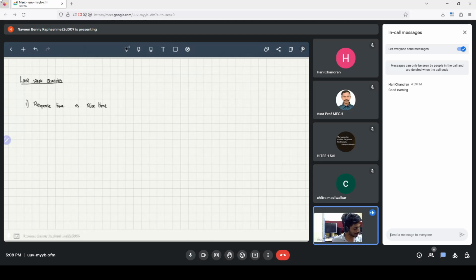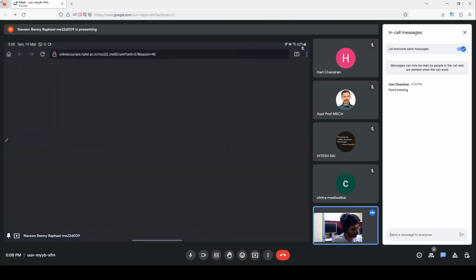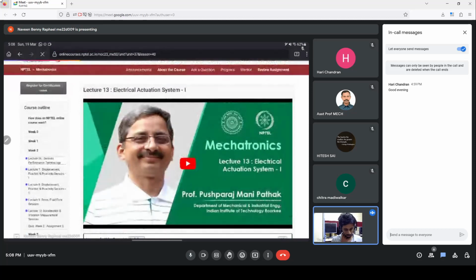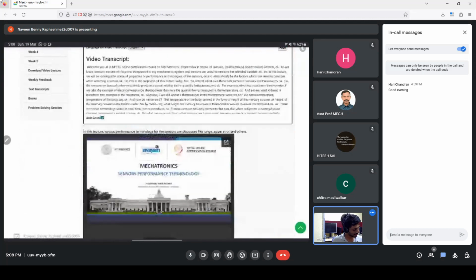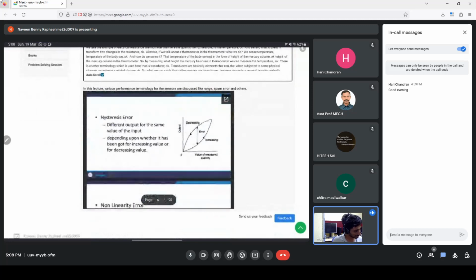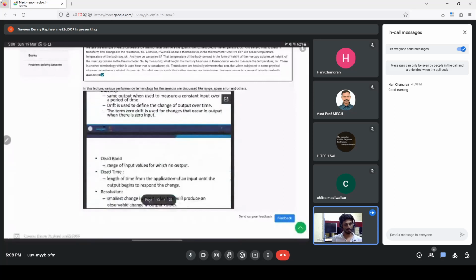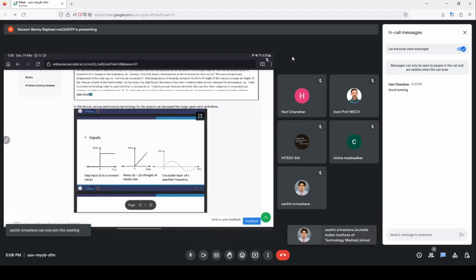Rise time was defined in the lectures as... unfortunately, I've gone through the book and other materials as well, and essentially the major difference is that the rise time depends on what we decide.